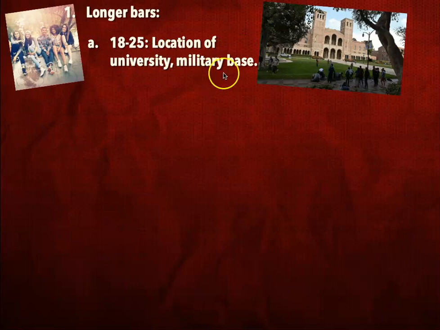Is it a city that has, maybe sitting right outside of its borders, a huge military base? And usually, when you're talking about college towns, or towns that house a lot of military, that's the age group you're going to really see bunching up and clustering in those areas. So you're going to see longer bars in those cohorts.